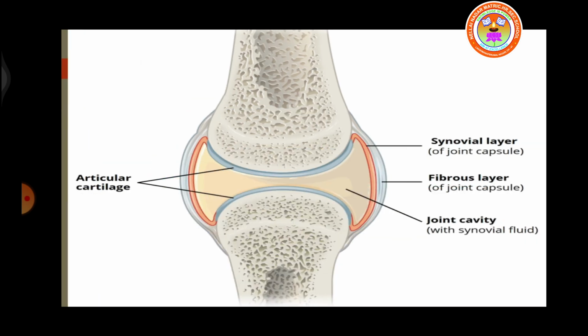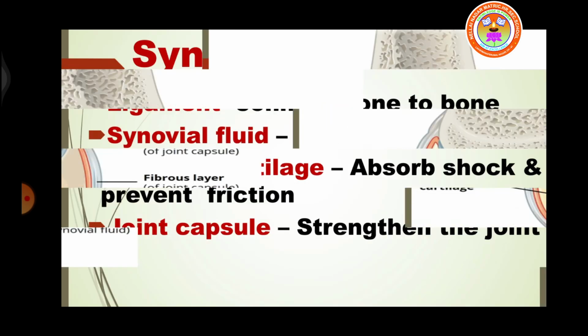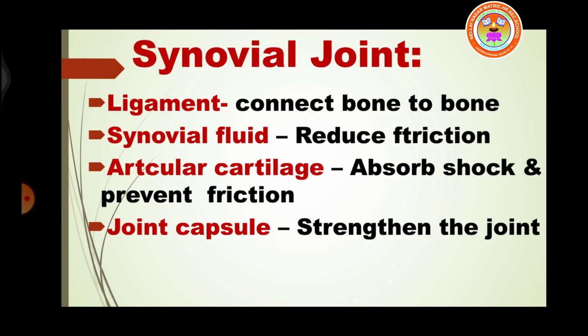Then, the joint capsule is a tough fibrous tissue which strengthens the joint. The four major components of a synovial joint are ligament, synovial fluid, articular cartilage, and joint capsule.